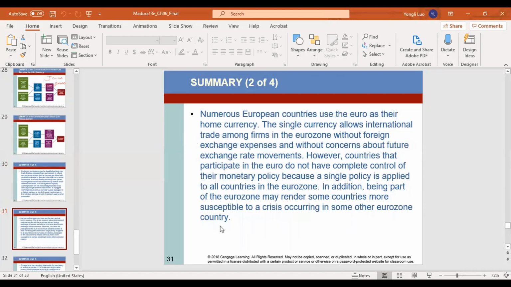However, countries that participate in the euro do not have complete control of their monetary policy because a single policy is applied to all countries in the Eurozone. In addition, being part of the Eurozone may render some countries more susceptible to a crisis occurring in some other Eurozone country.